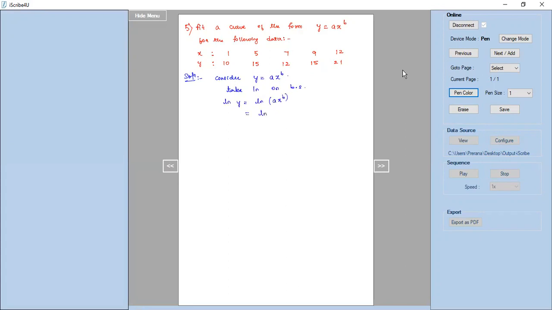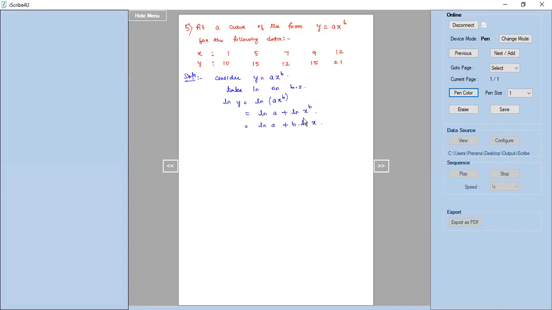So this is ln a plus ln of x power b. This was of the form log of a into b, which is log a plus log b. Now we will apply the log m power n formula: log m power n is n log m. So this is log a plus b log x.